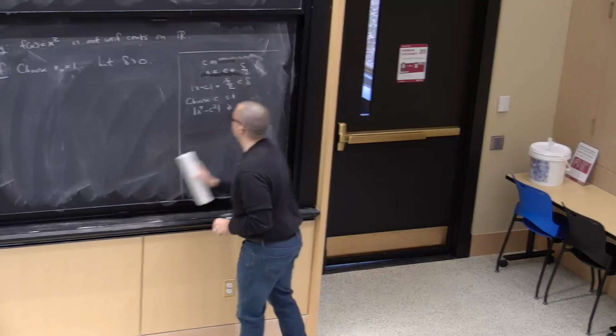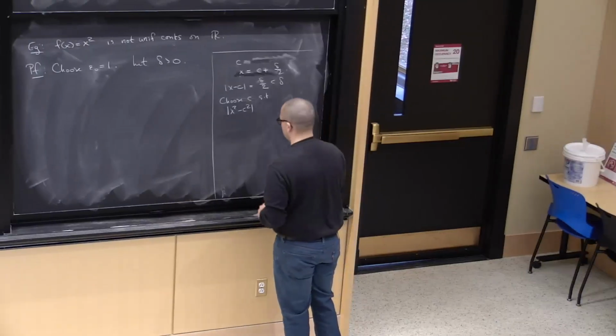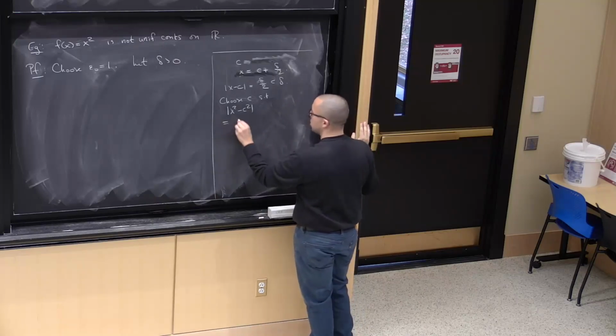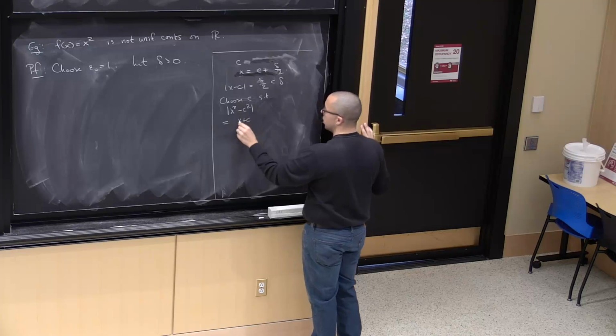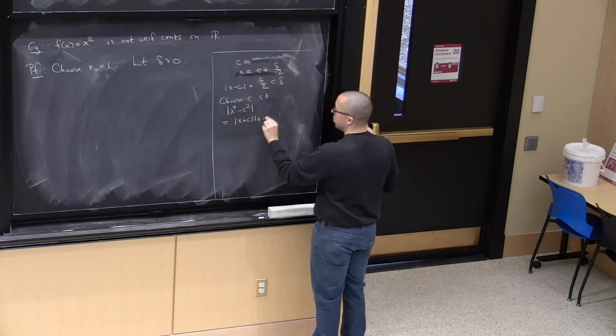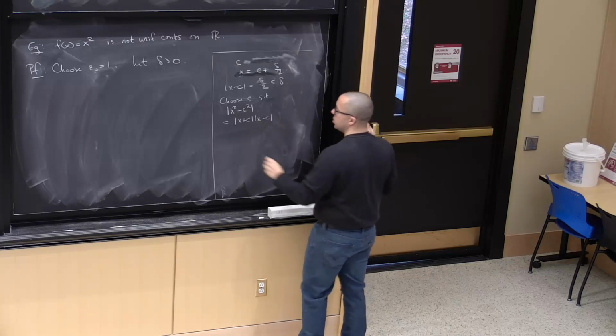Now, let's start off with the thing that we're trying to bound from below and start computing some stuff. This is equal to x plus c times x minus c, and c and x will be positive, okay?